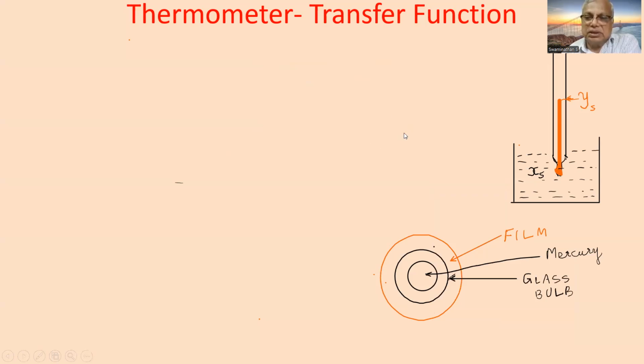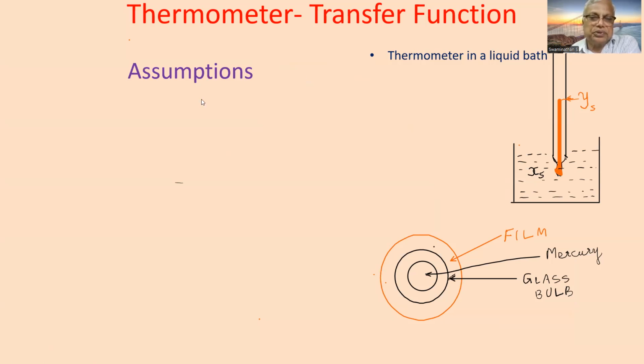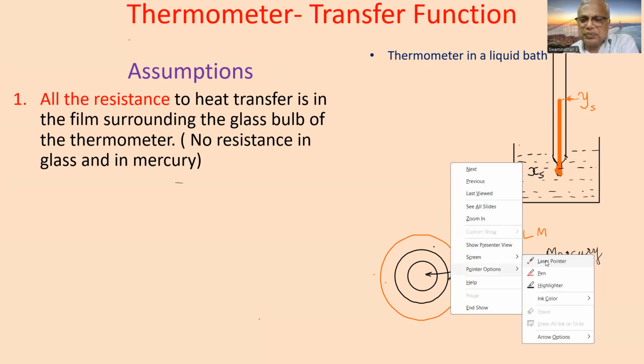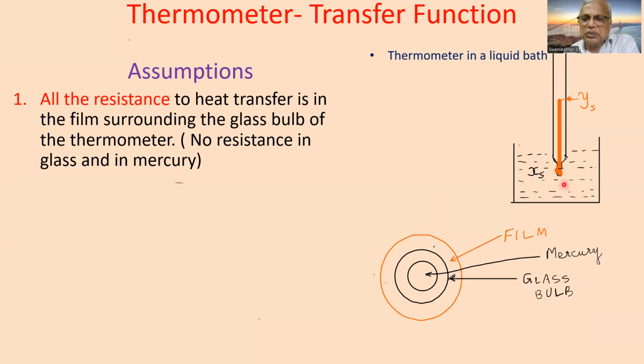Now this involves certain assumptions. What are the assumptions? All the resistance to heat transfer is in the film surrounding the glass bulb of the thermometer. Where does the heat transfer take place? The heat transfer takes place from the bath to the bulb.